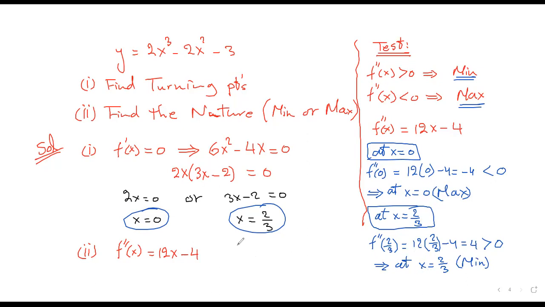Okay, now we can find the coordinates of those 2 points by substituting those 2 x's into the y to get the y coordinates for each one of them. Now this comes to the end of this video, and as a summary, we found the turning points for any function without a graph. If we have a graph, it's very easy to find which one is a turning point.